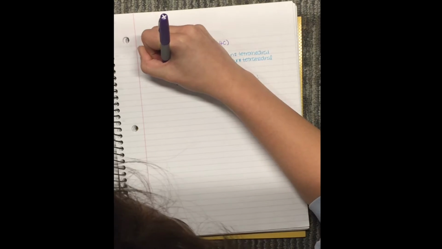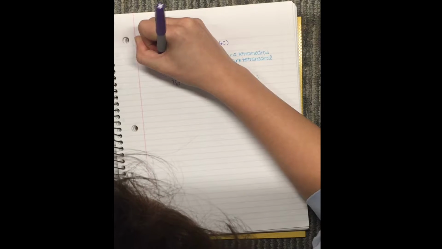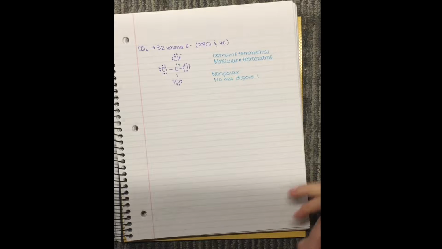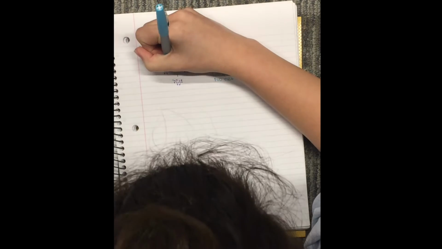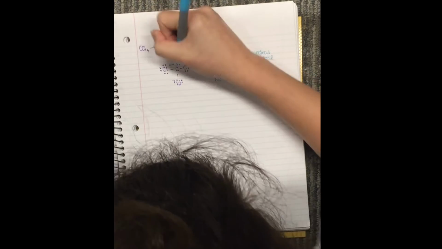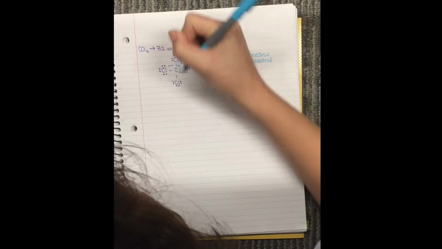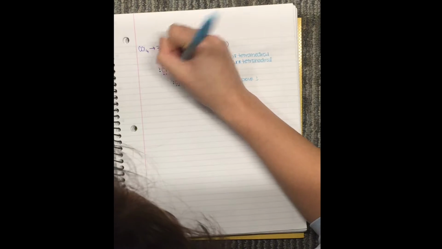Since the chlorine atom has a higher electronegativity, the partially negative charge will be on the chlorine and the partially positive charge will be on the carbon, which makes all the dipoles point out towards the chlorine with the positive end on the carbon.